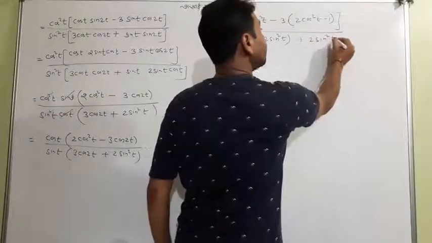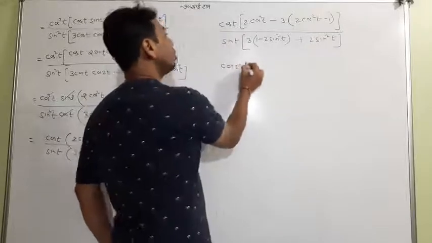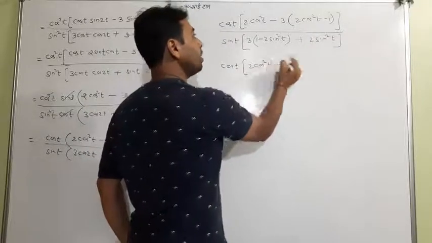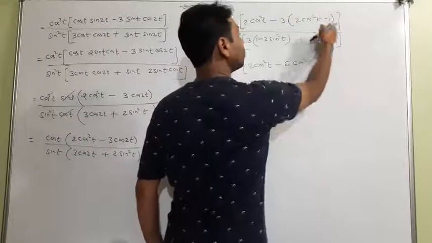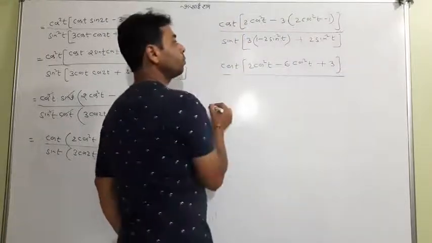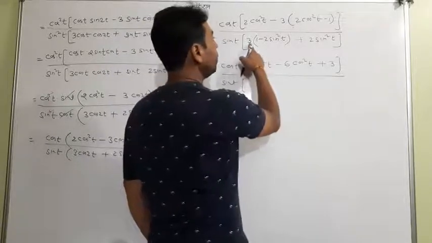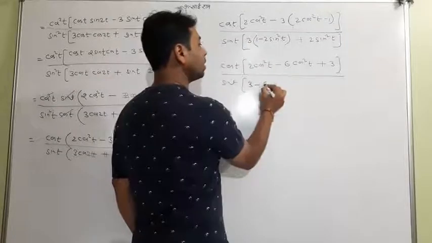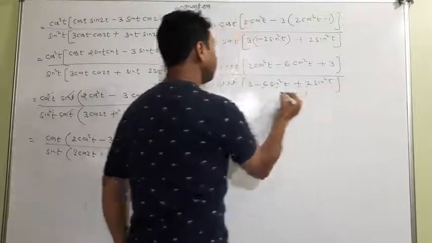So I have now succeeded in changing all the terms to cos and all the terms to sin. So cos t, 2 cos square t, multiply here: 3 2s are 6 cos square t, 3 1s are 3, upon sin t, 3 1s are 3, 3 2s are 6 sin square t and 2 sin square t. Now it's going to be easy.